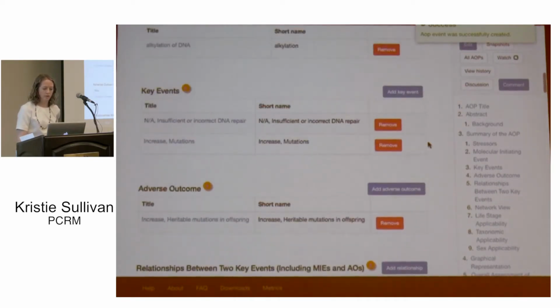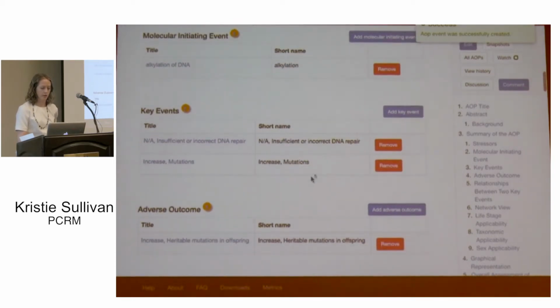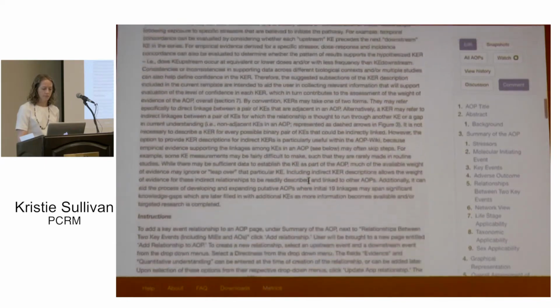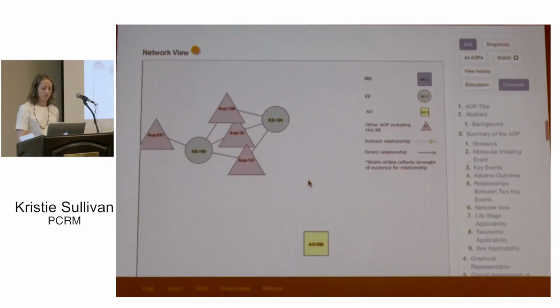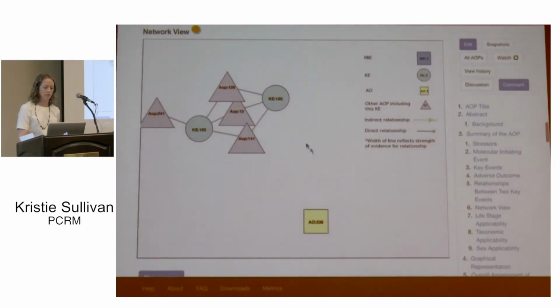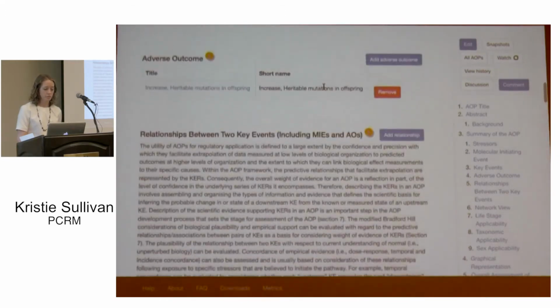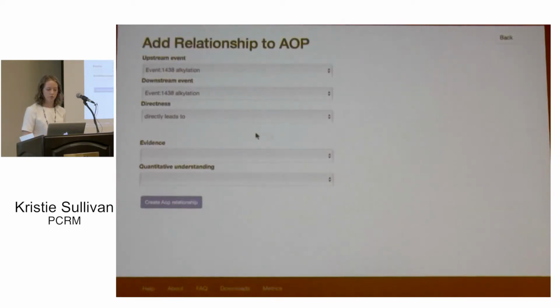So now your AOP looks like this. You have your events. If you come down to the network view, what you're going to see is you have key events. They're not linked anywhere. That happens with your key event relationships. So you add relationship.